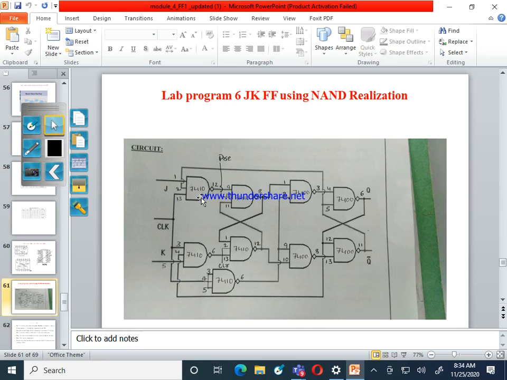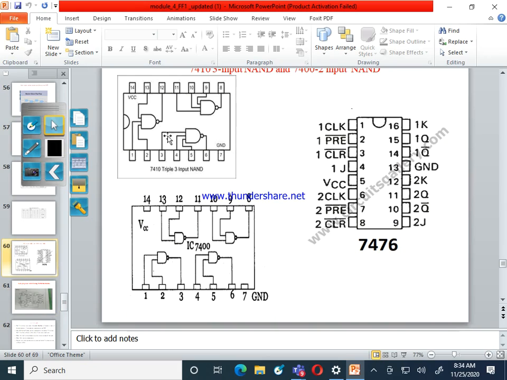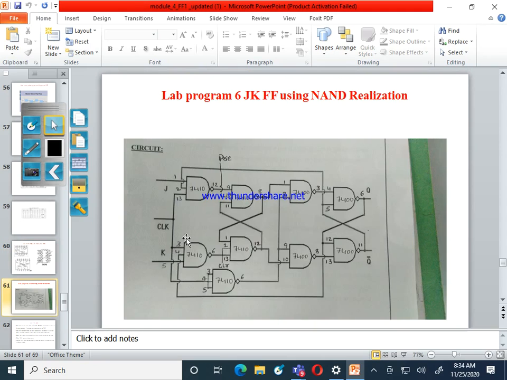Okay, the second one, the 7410 is also 3-input. See that one. 3 is an input, 4 is an input, 5 is an input. Which one is the output? 6 is the output. Then according to that you have to write the pin diagram. Pin number 3 is connected to the clock.